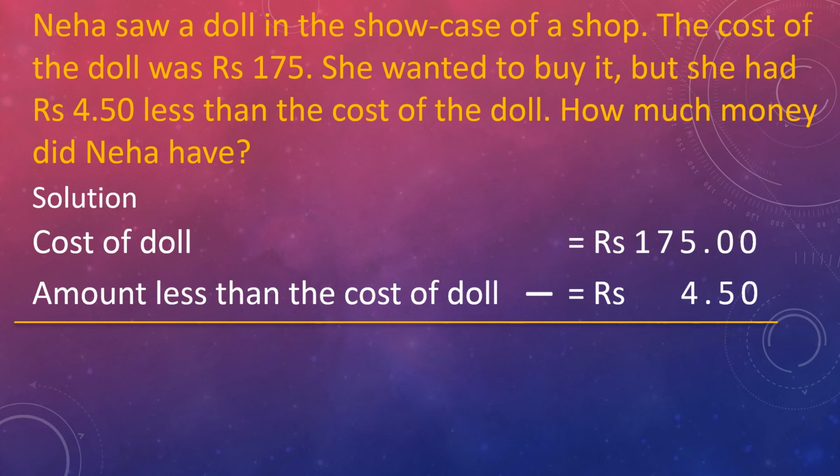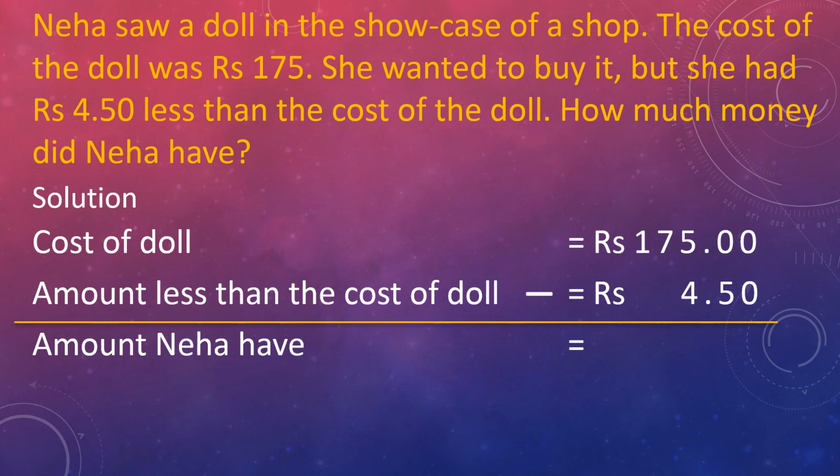See, the decimal point should come one below the other in place value columns and convert both the decimal numbers into like decimals. So the third statement is amount Neha have is equal to, as usual we start our subtraction from the right and everyone knows the subtraction.